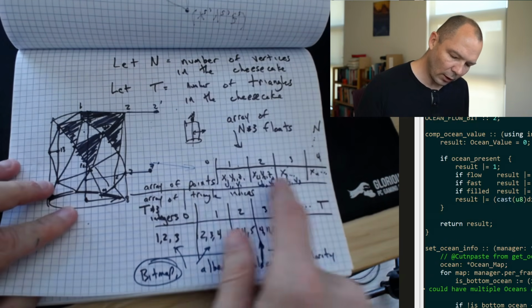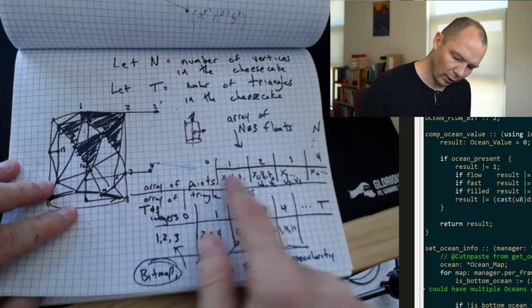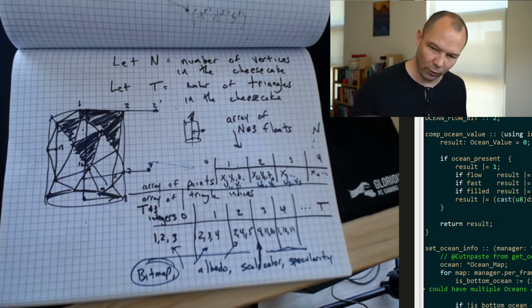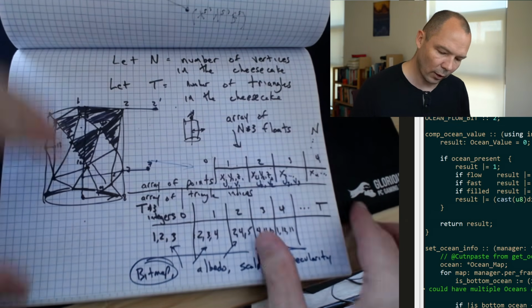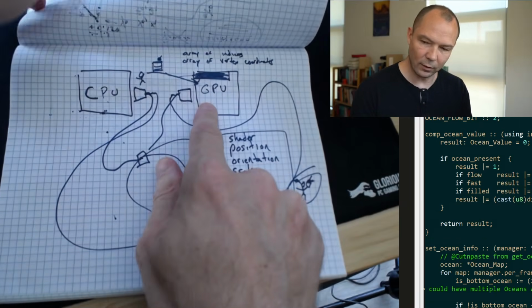We represent them in these compact ways as just a couple of arrays of very tightly packed data. We tell the GPU about that data in advance.